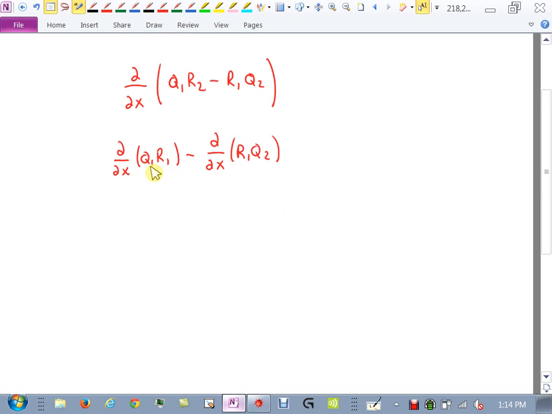Product rule. You have to take the derivative of a product. It's not multiplication here, and that's the thing I want to point out. So the derivative of a product is the derivative of the first one, which would be the partial of Q1 with respect to x, times R2, plus, oh yeah, it's R2, thank you.